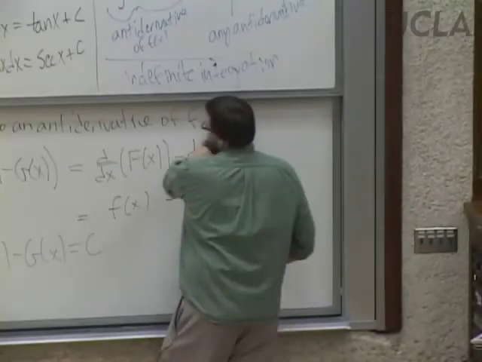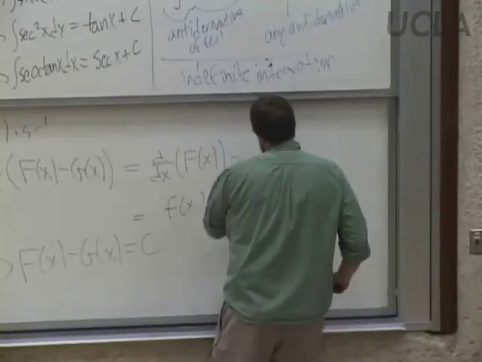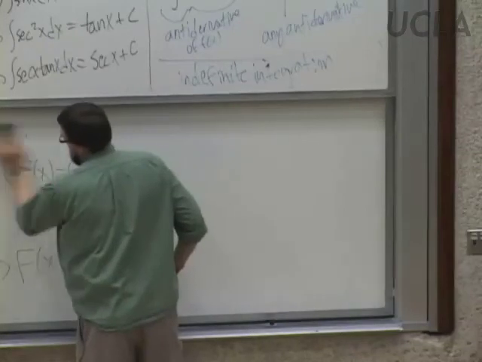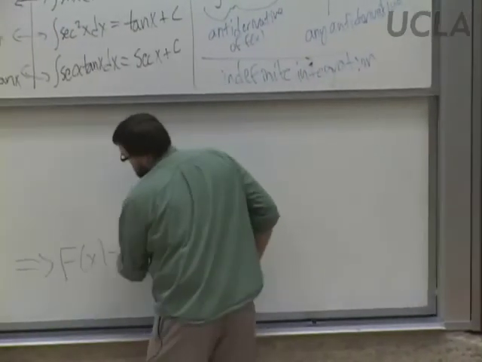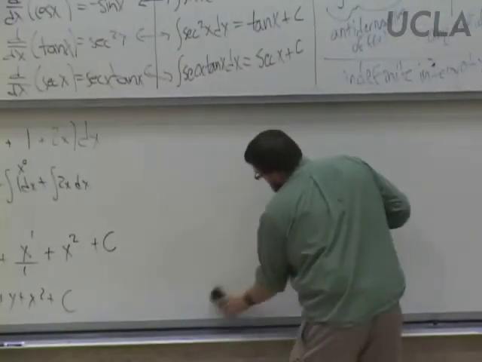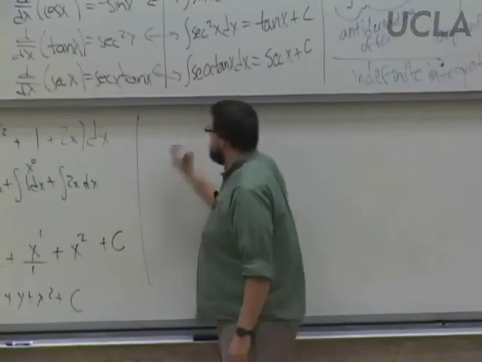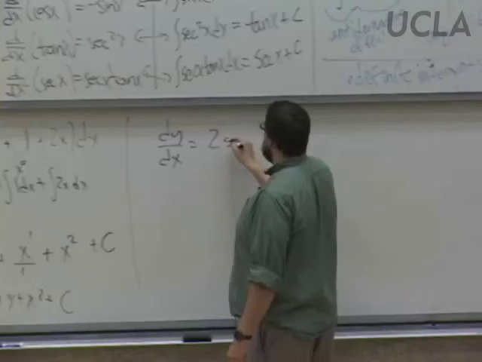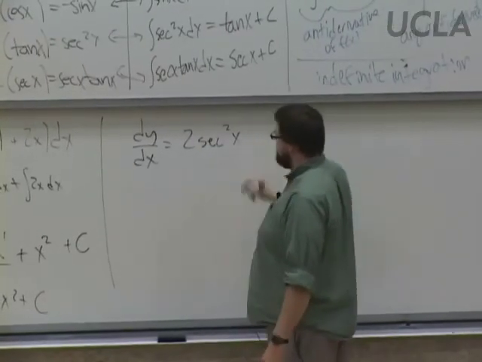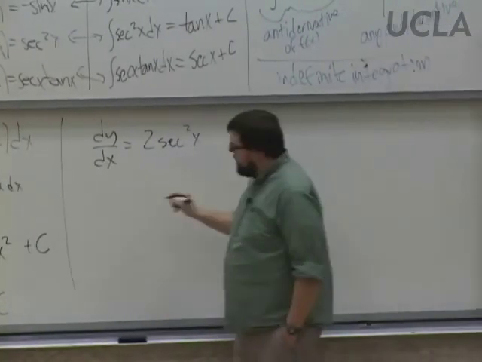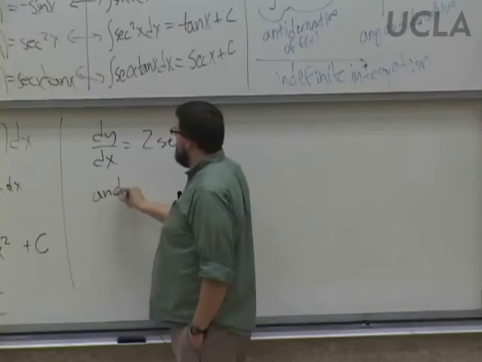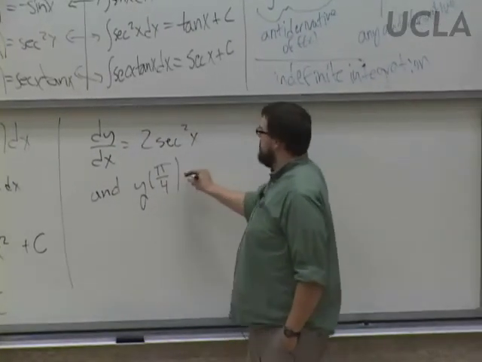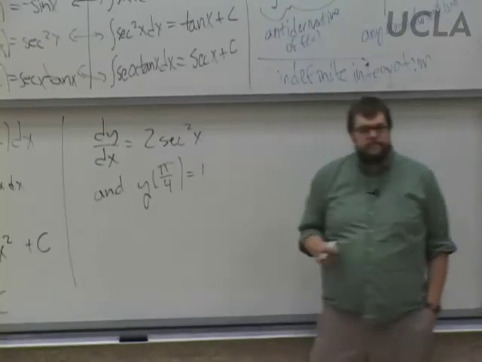Now, another thing that you might want to do is you might be told something. So along the lines of the following. You might say that I know that dy dx is 2 secant squared x. And I also know that if I plug pi fourth into my function y, that I got 1.